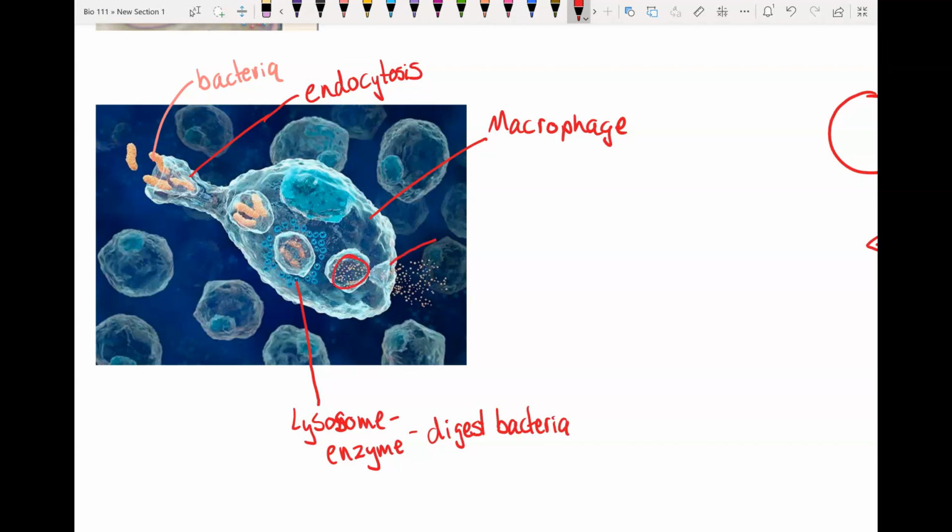Then here, there's that vesicle fusing with the membrane. You're doing exocytosis. And you'd get rid of that digested bacteria. So this is how macrophages are protecting you, and they're killing infection. Sometimes if you have a cut and that cut's infected, you can tell that your macrophages are there working because all this massive amounts of digested bacteria coming out is what you see as pus in the cut.